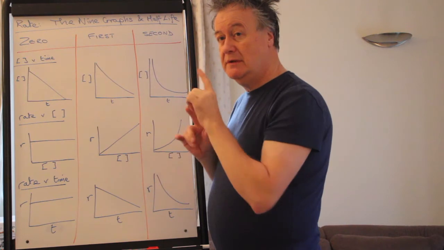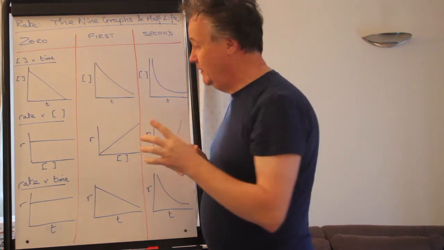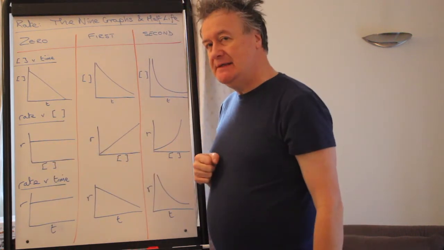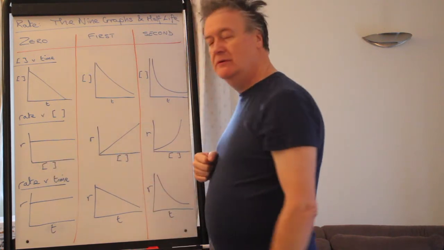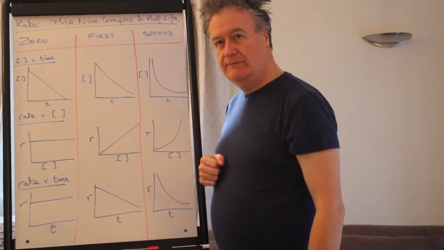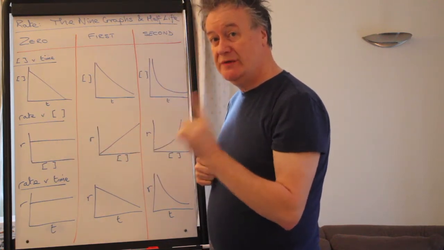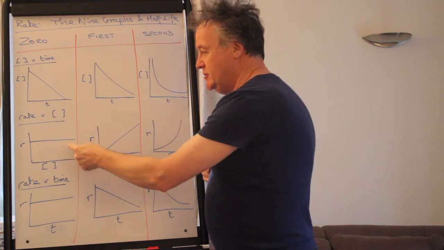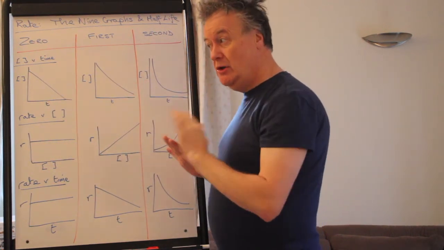Concentration to the power of zero becomes the number one, and the number one doesn't change, it just stays as one, doesn't do anything. So therefore the rate is unaffected by the concentration of the chemical to which it is referring. And remember, it's a zero order one, so it can only be with respect to. So the rate is unchanged, hence it's a straight line across. It ploughs on at the same speed and doesn't change.